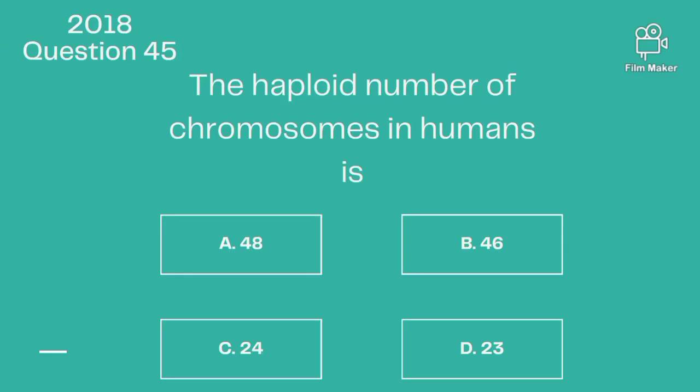The first question is from WAEC 2018, and it says, the haploid number of chromosomes in human is A. 48, B. 46, C. 24, and D. 2023? Pick your answer from the options given.